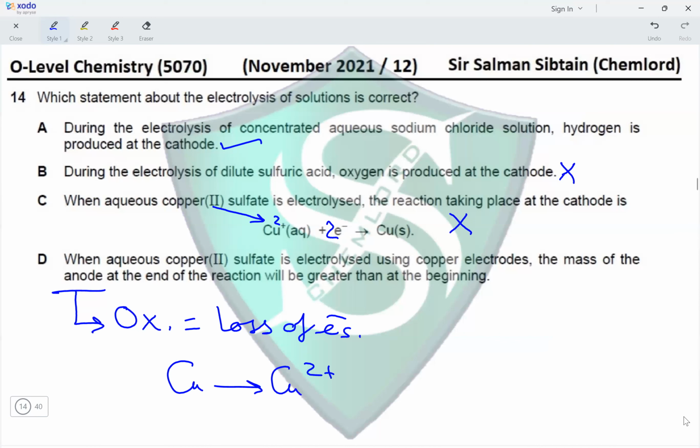So it would lose mass during the process. So the mass at the end of the reaction will be lesser. The mass would not be greater, it would be lesser because mass would be lost. So this is the reason why option D is incorrect. Hence, option A is the correct option for this question.